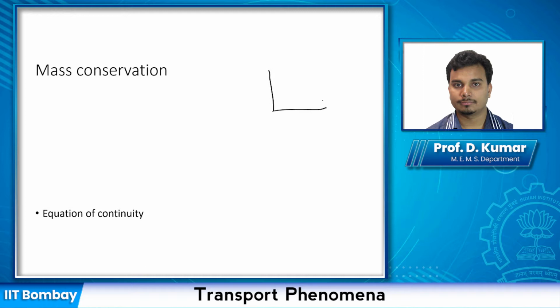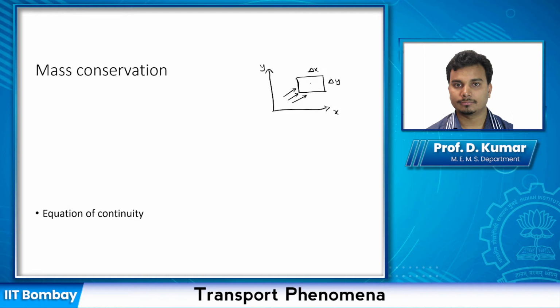In this flow situation, this is your y, this is x, this is your delta x, this is delta y. So you have some flow like this. We know the general conservation principle is going to remain the same, so we look at it term by term.